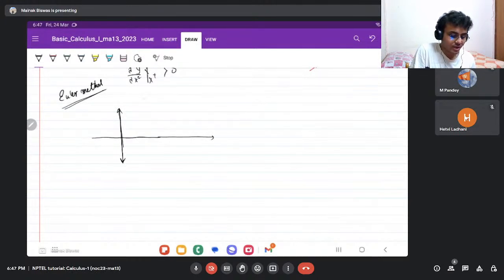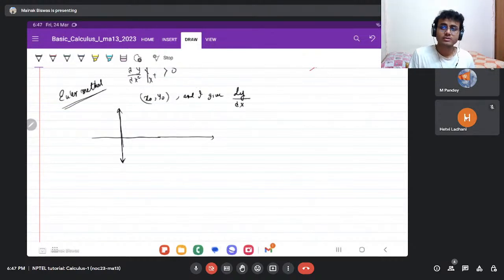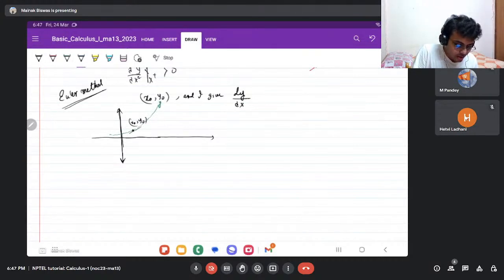So if I give you an x0, y0, right? And I give you dy dx. So say this is x0, y0, and this is your original curve, your y curve, but you are only given dy dx at x equal to 0, right?